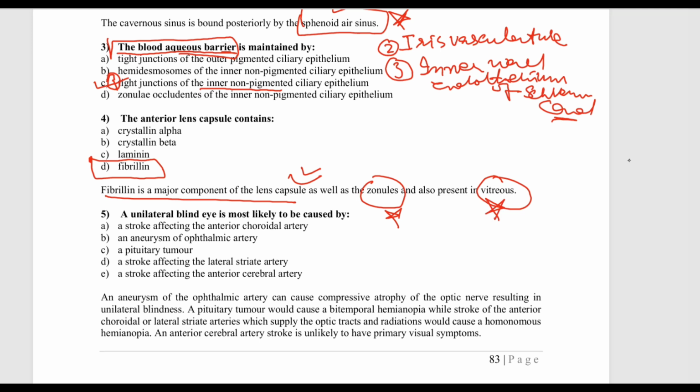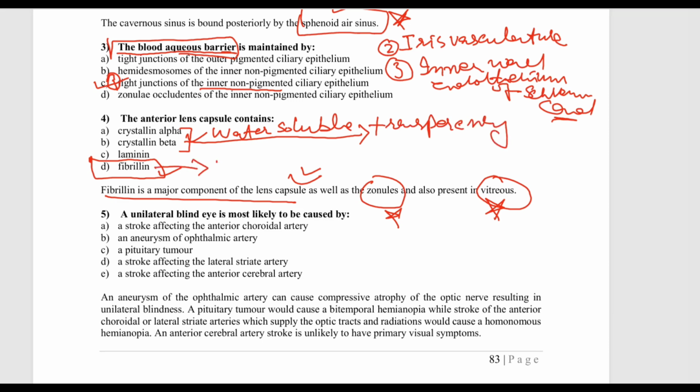Basically, crystalline alpha and beta are water soluble proteins. Both of these are responsible for the transparency, while fibrillin maintains the structural integrity.